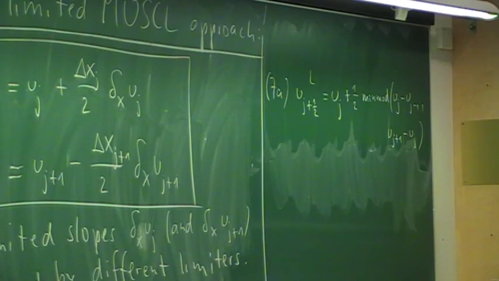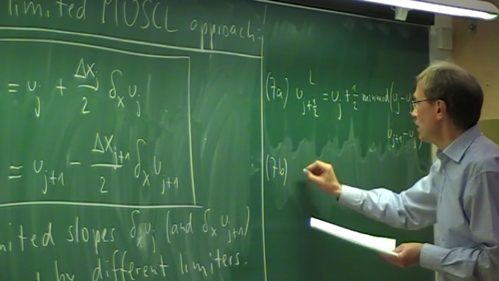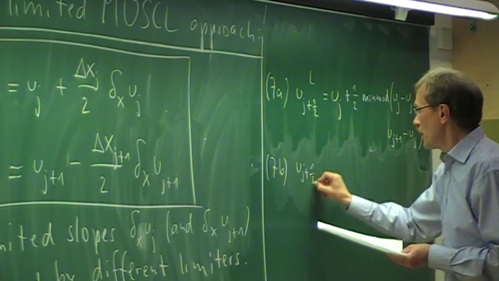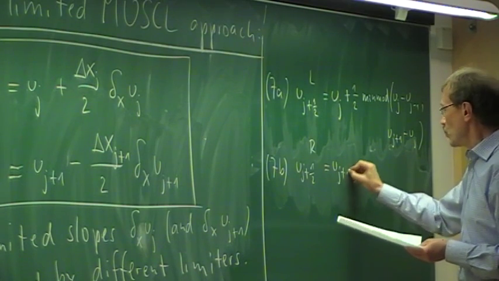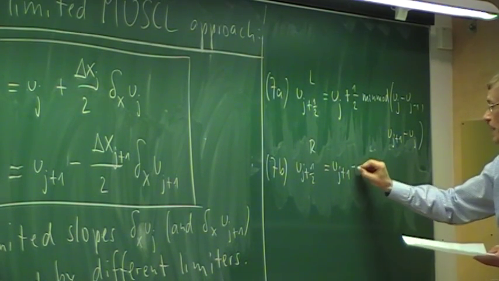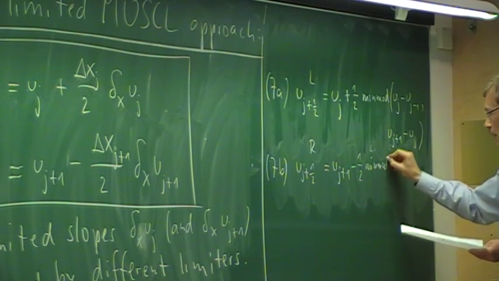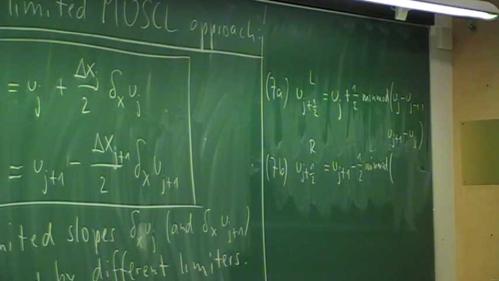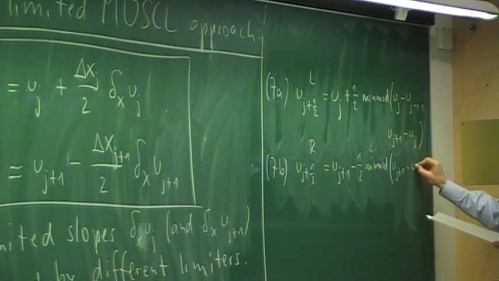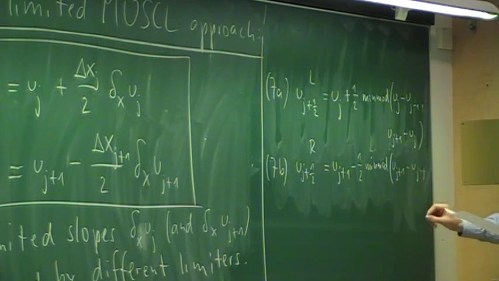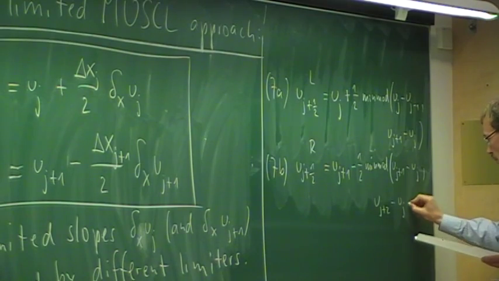So that's all. And similarly, for the right reconstruction, the u_{j+1/2}^R is then taking the u_{j+1}, and now we take minus 1/2, and then we have the Minmod, and the arguments here are then the same as this one, u_{j+1} minus u_j, and the other argument is u_{j+2} minus u_{j+1}.